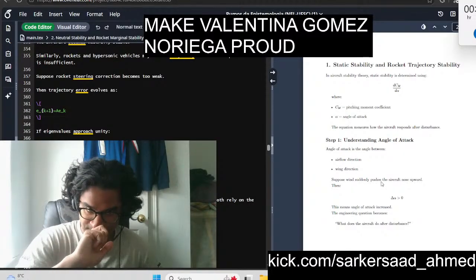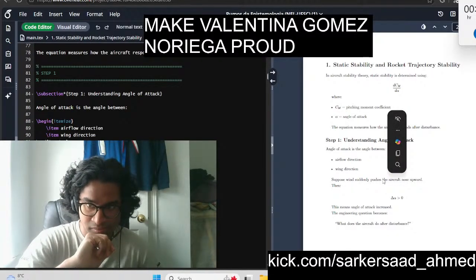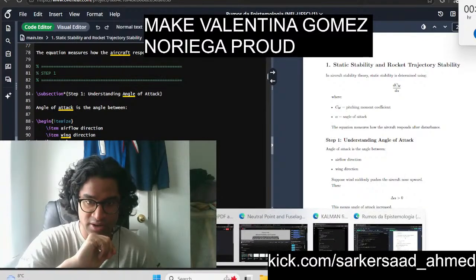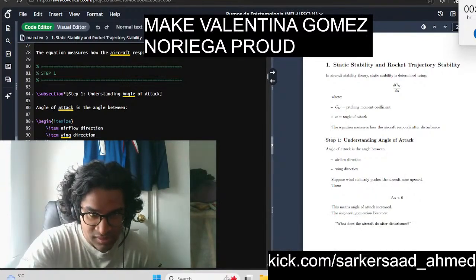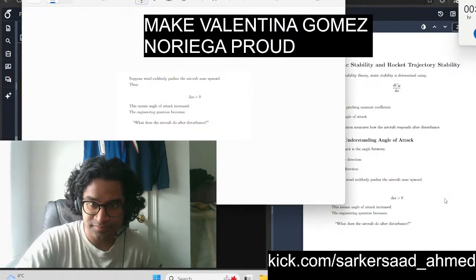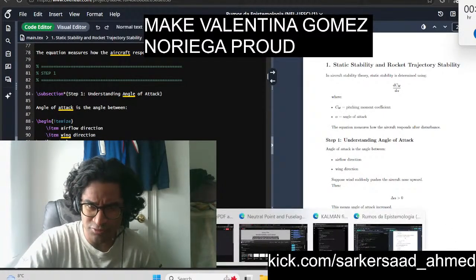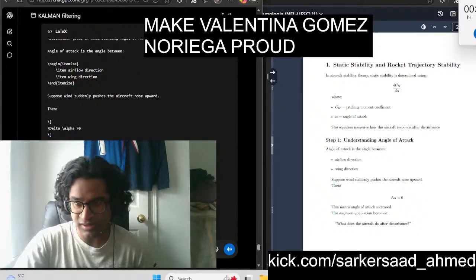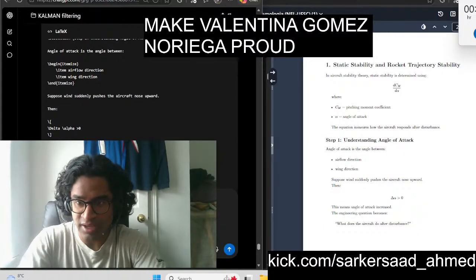I have one question. I've never done an image because it usually doesn't support it, but let me see if it works. So this section here, can you generate an image?